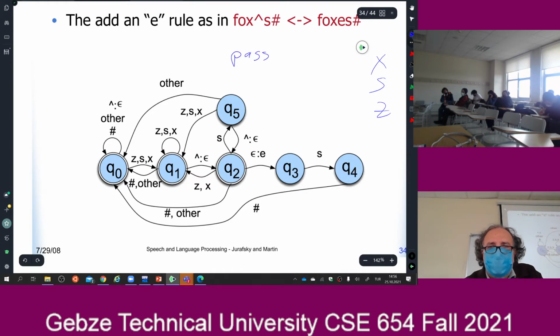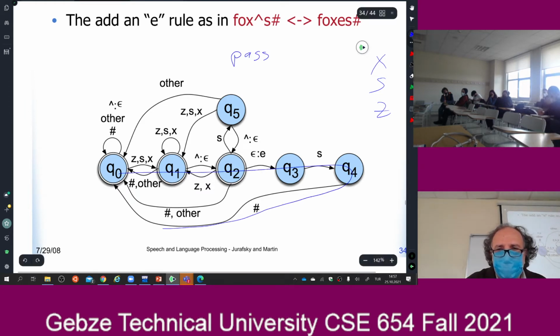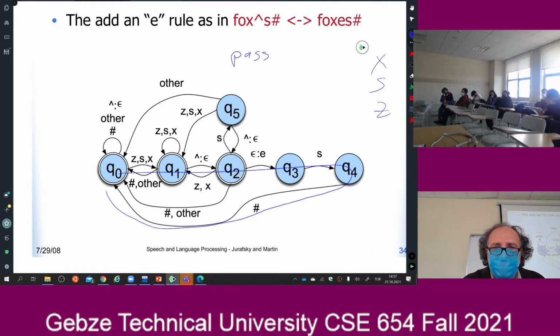So while I am doing this, I produced a caret, then with an empty transition I didn't produce anything, I produced an S. Okay, so it kind of did that. So this is the regular way of going things. That's one way.